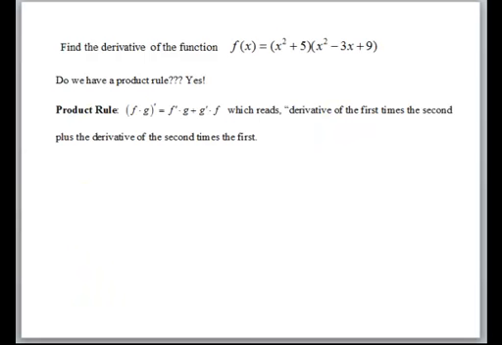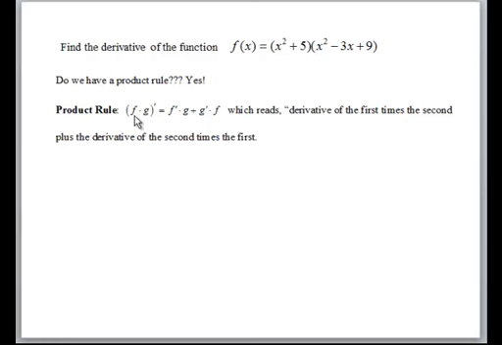Okay, moving on, now I want to look at a function. So now we have a function that looks to be the product of two smaller functions, both functions of x. Just like with the quotients, we weren't allowed to just take the derivative of each piece and multiply them together. That's not what the product rule says.